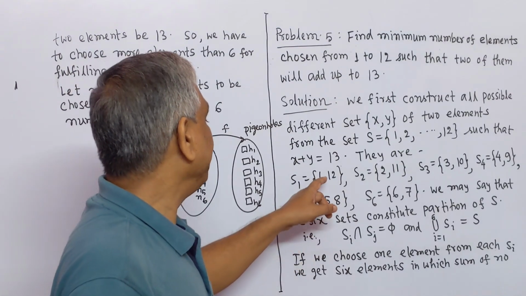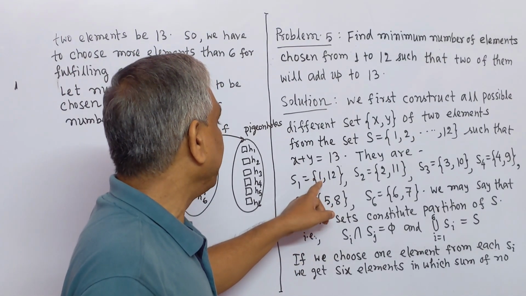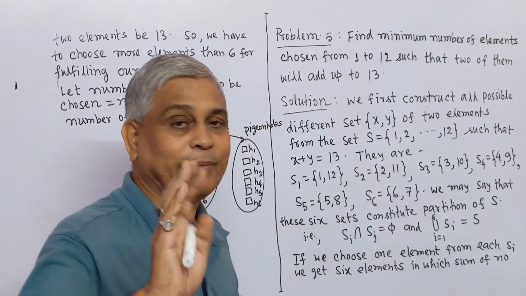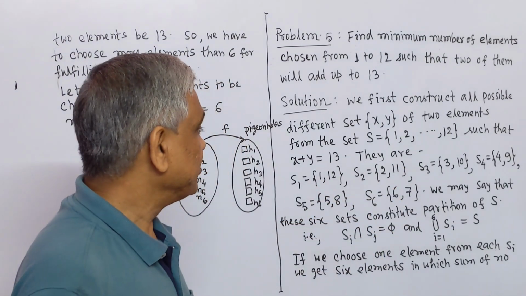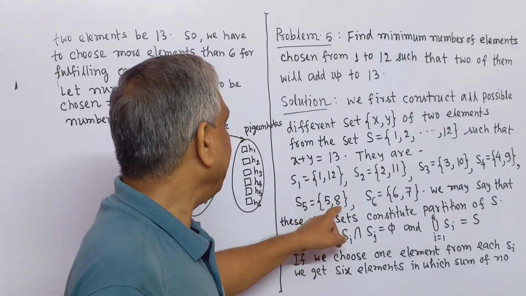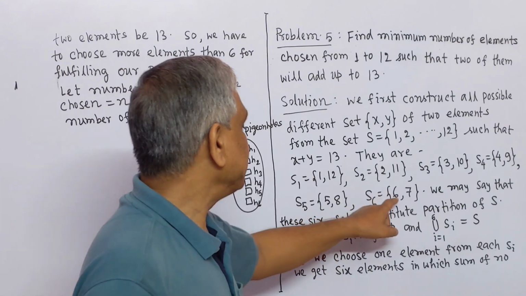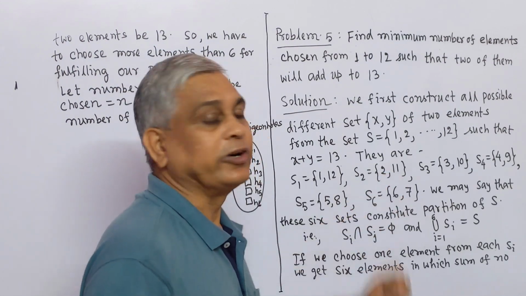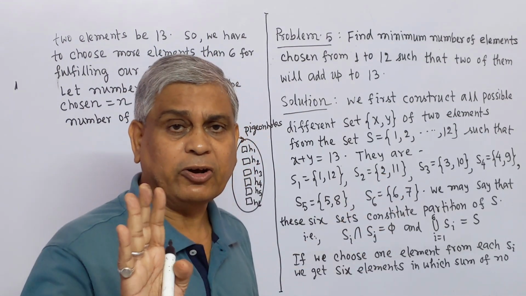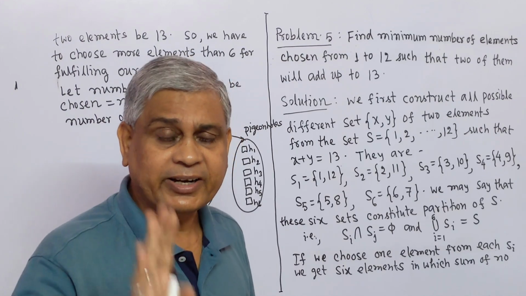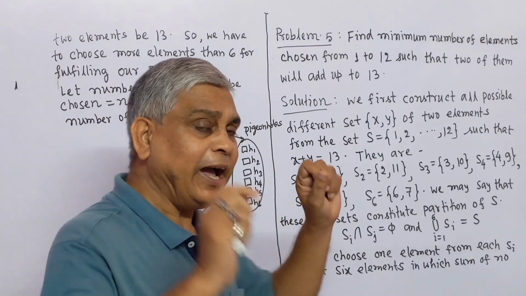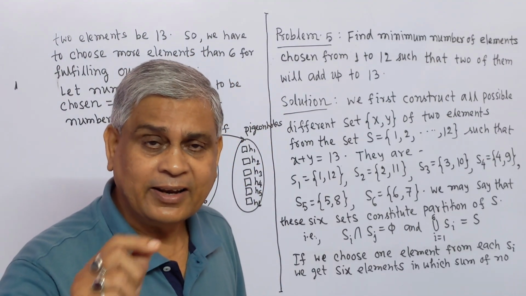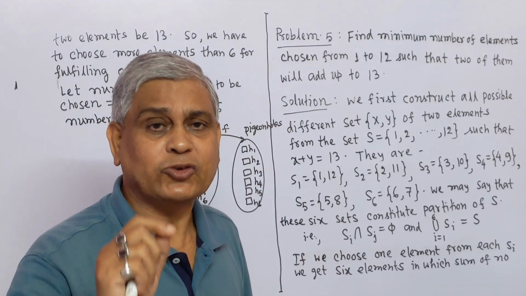For example, if we take 1 from S1 and 11 from S2, 1 plus 11 equal to 12, not 13. Similarly, if we take 8 from S5 and 6 from S6, 8 plus 6 is 14. So, we will not get sum 13. So, we will have to choose more elements than 6. Then our purpose will be solved.